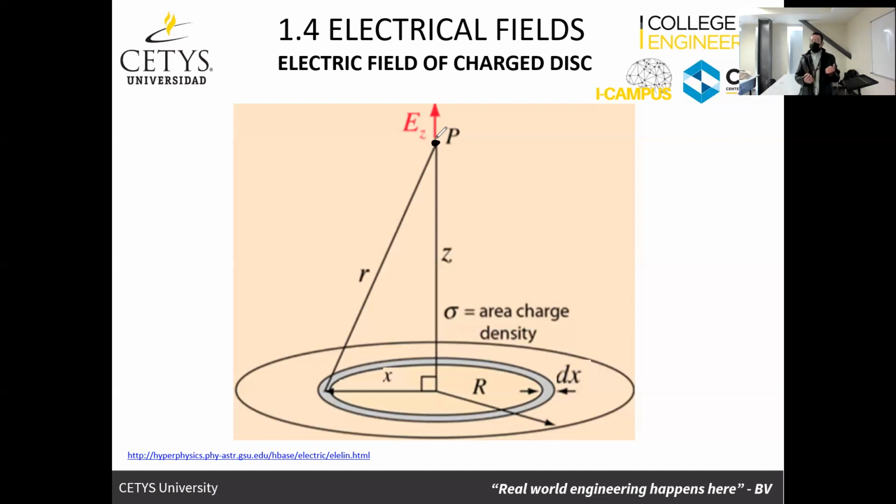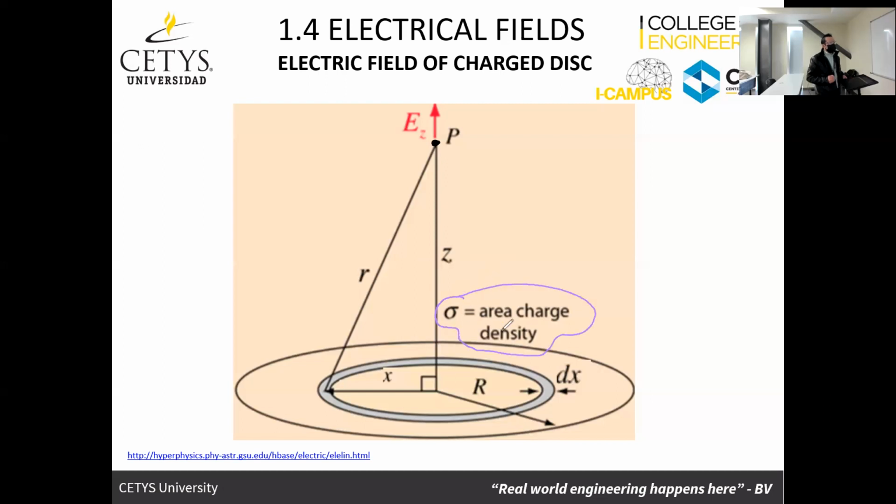But in the previous examples, they were linear. So it was a line or a circumference. In the end, it was a line, it was linear. The charge was distributed linearly, meaning that I had a certain amount of charge per meter. Here it's going to be different because the charge is going to be distributed in an area. So it's going to be the charge per meter squared, or per area. And that gives us another constant that's important to think about.